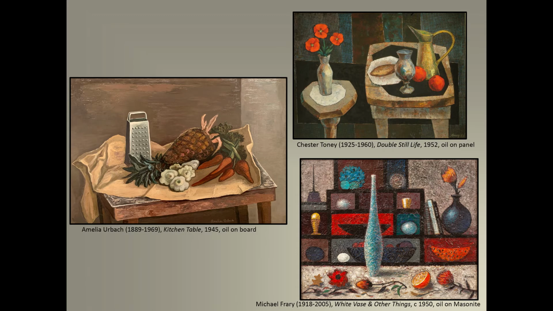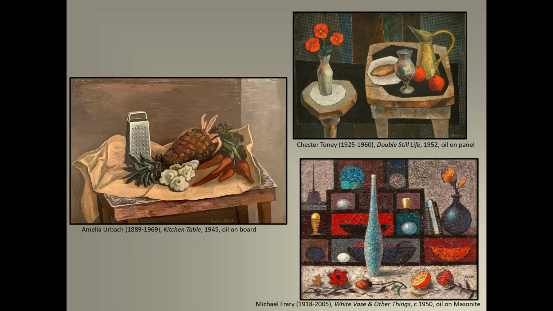Top right, we see Chester Toney, 1952, with a double still life, oil on panel. He was a colleague of Cecil Casebeer and Bill Riley in San Antonio. He was a Texas modernist known for his non-objective, expressionistic artwork that became more abstract over time.